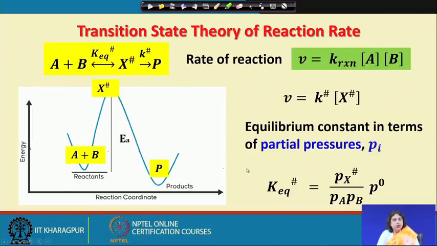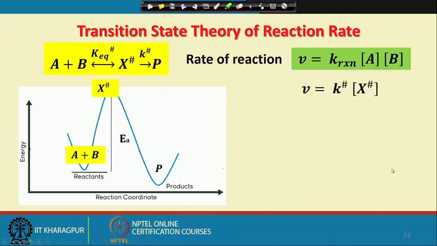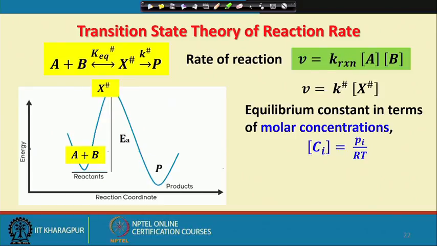I am now assuming that this is a gas phase reaction where the total system is maintained at a given temperature T and at a standard pressure P naught. Under such conditions, since all my rate laws are written in terms of the concentration of the species, I will replace the partial pressures with molar concentrations.